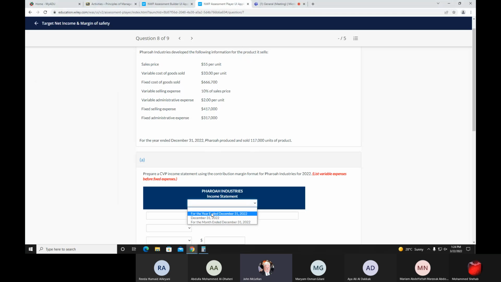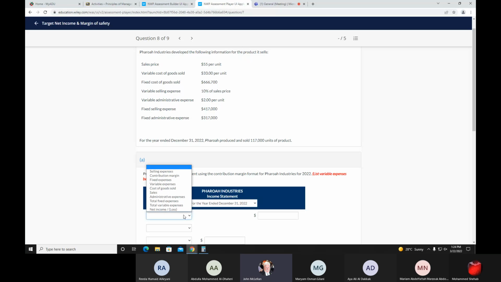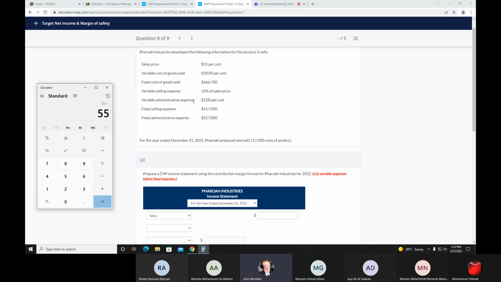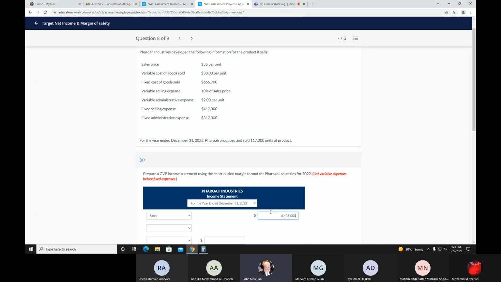And you're asked now to do an income statement. All right, a contribution margin income statement for 2022. So we start off with sales. Now it's given to us on a unit basis, and they tell us that they sold 117,000 units. Sales. Okay. Now variable costs.